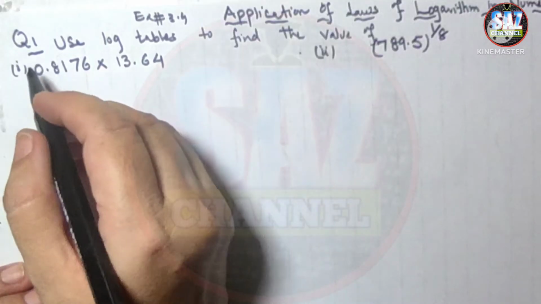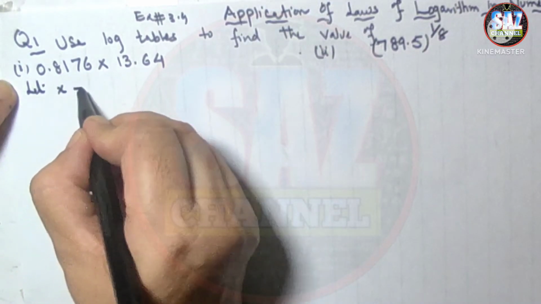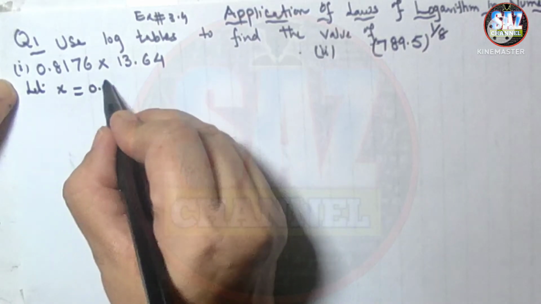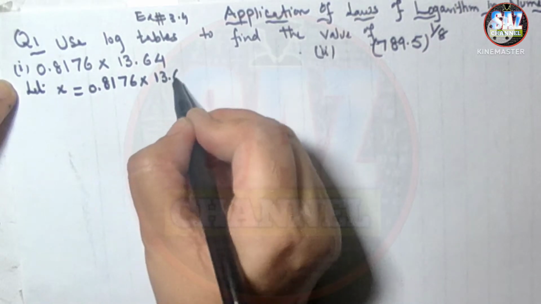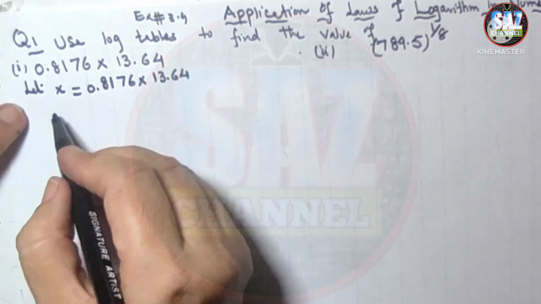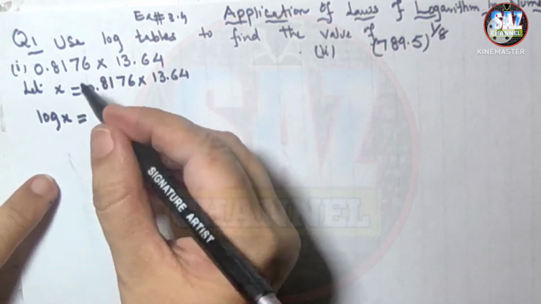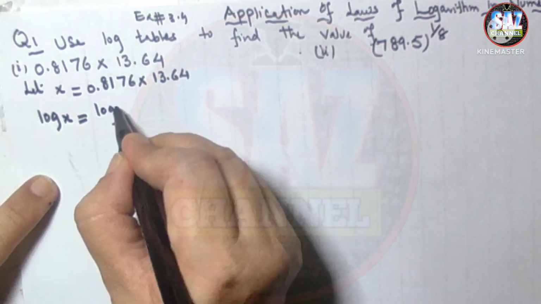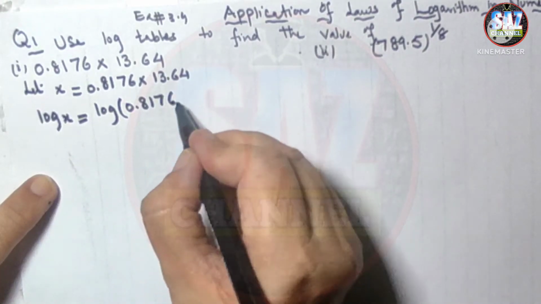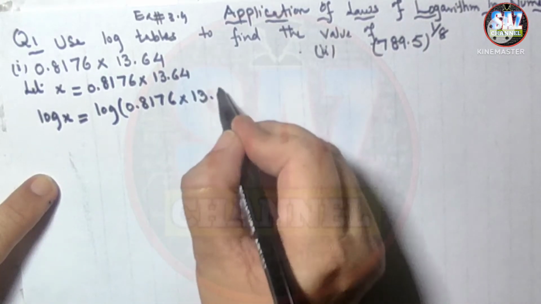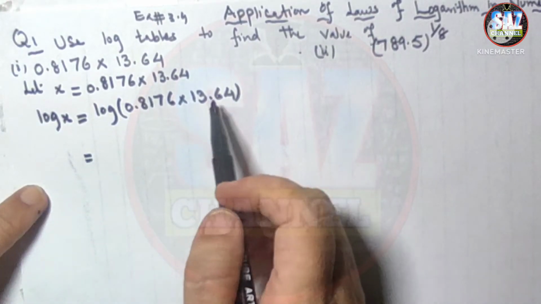First step, students, is that we have to suppose that x equals this given number, 0.8176 multiplied by 13.64, and then we have to take the log of x equals the log of the values which are given in the question, 0.8176 multiplied by 13.64. Here the numbers which are given in the question are multiplied together.